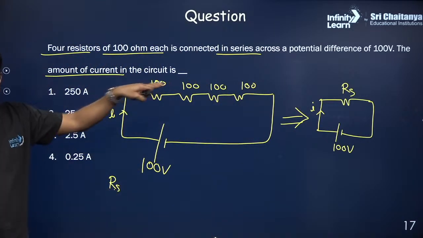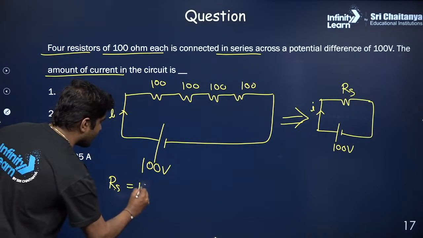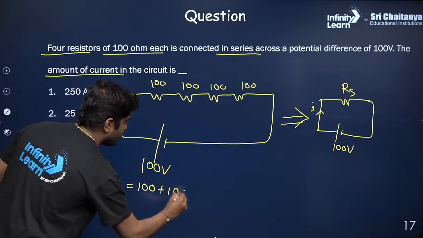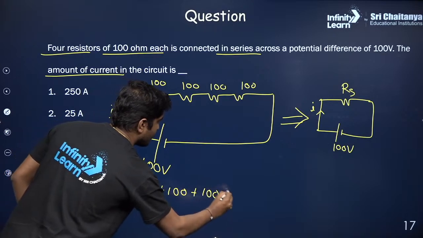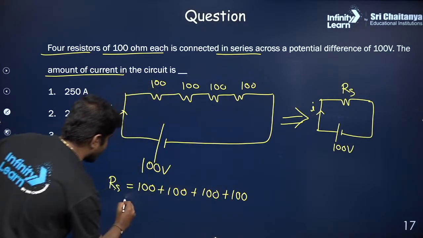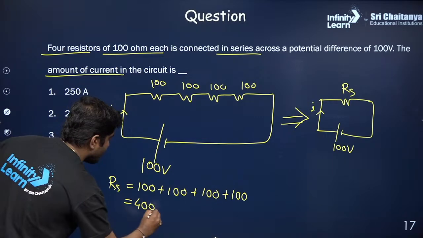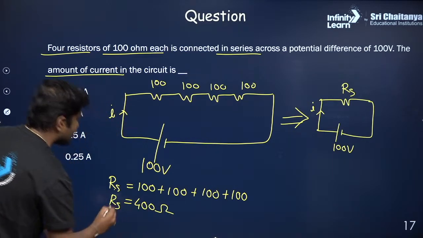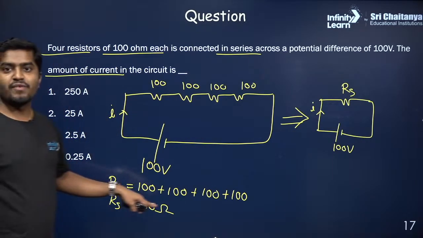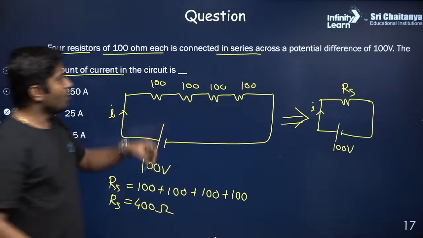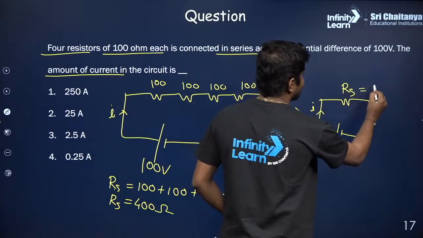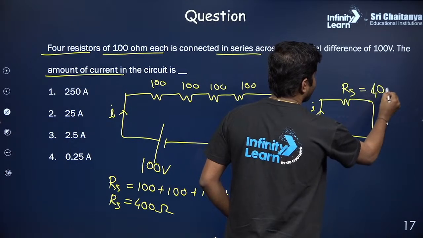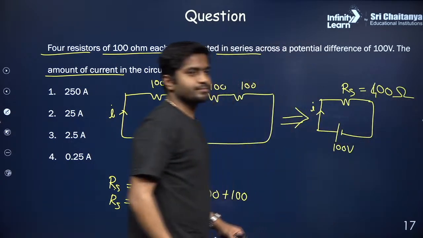All of them are in series, so just add them. So it is 100 plus 100 plus 100 plus 100. That will come out to be 400 ohms. So there is the series resistance value, correct? So now instead of R series, I'll write this as 400 ohms.